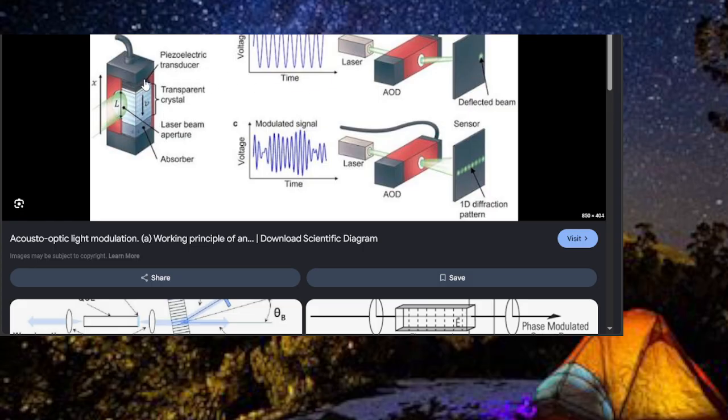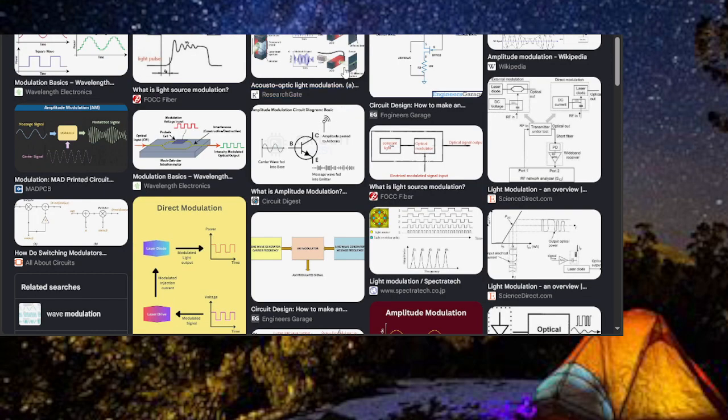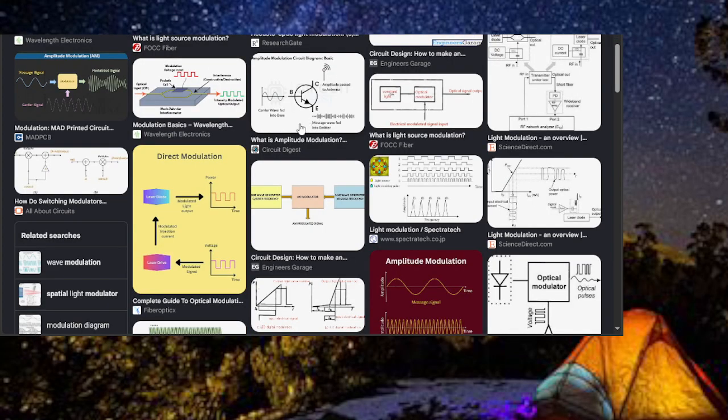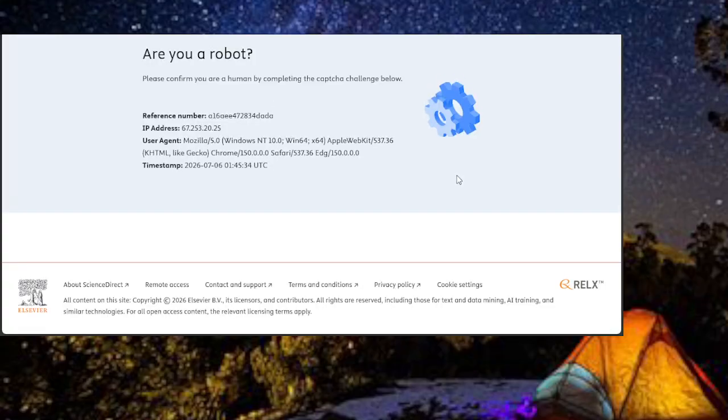Again, they're using the piezoelectric transducer with the aperture lens. Light modulation. Let's visit this web page.